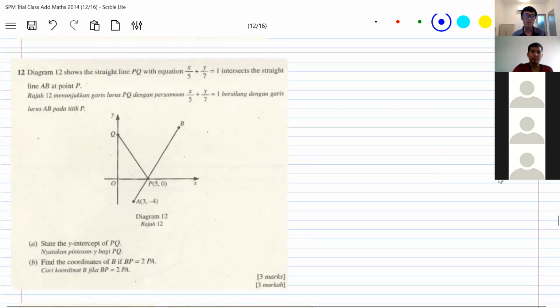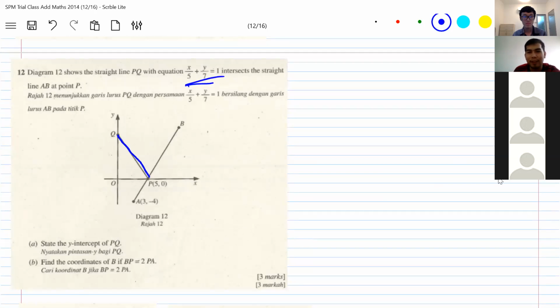Okay. Again, we look at this question, it looks long. Graphs again. All right. And then they ask you to find the y-intercept of PQ. So this line, what is the y-intercept? Given this equation of PQ, you might want to, or you have to open up again, right?